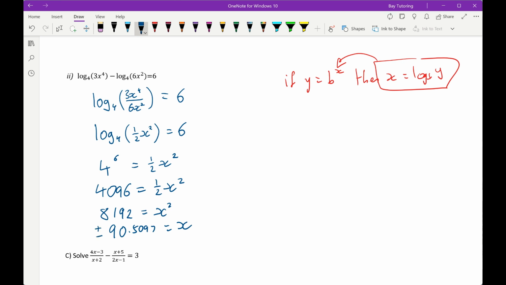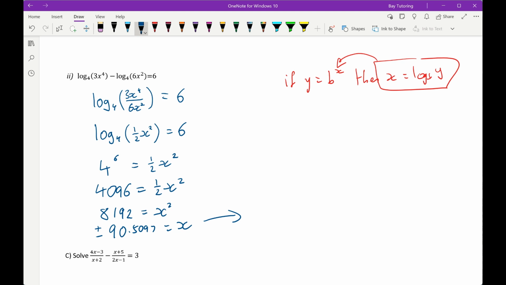So it will be plus or minus that, and whenever you square a number, it's always positive. So negative 90.5097 squared and positive 90.5097 squared would make 8,192. However, in a log, the numbers have to be positive. So we just need to check if that would work.